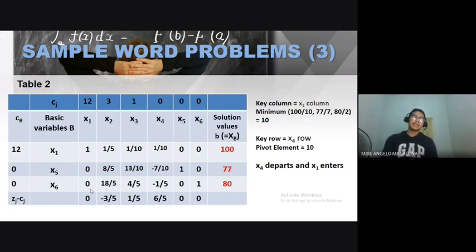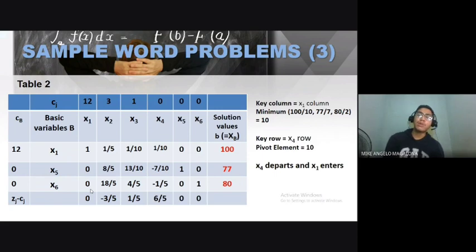As you can see, from x sub 2 up to x sub 4, there are changes. In the x sub 2 column, we have 1 fifth, 8 fifths, 18 fifths, and negative 3 fifths. In x sub 3, we have 1 10, 13 10, 4 fifths, and 1 fifth.